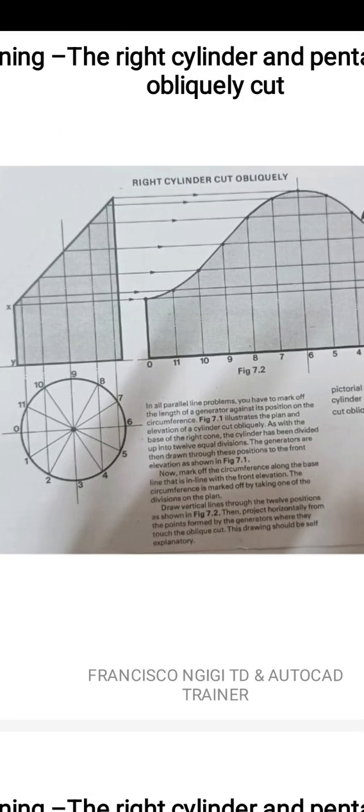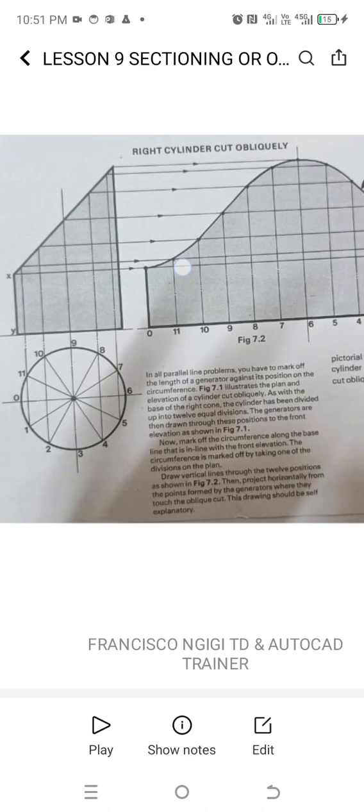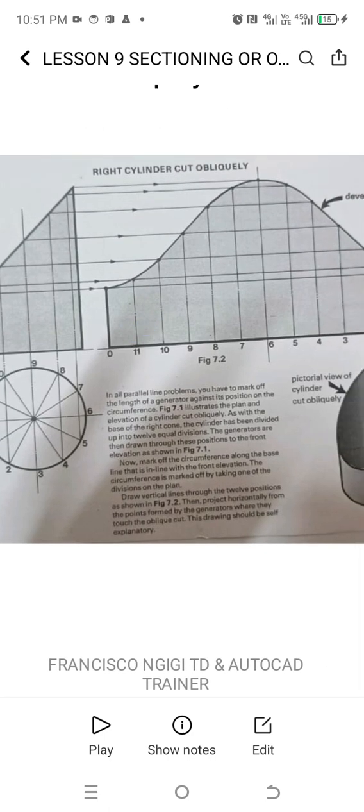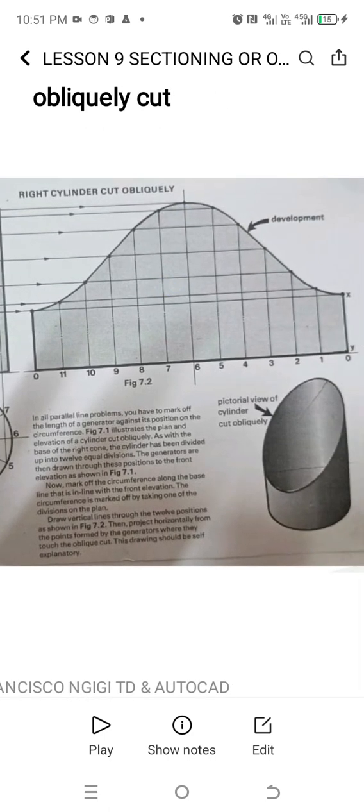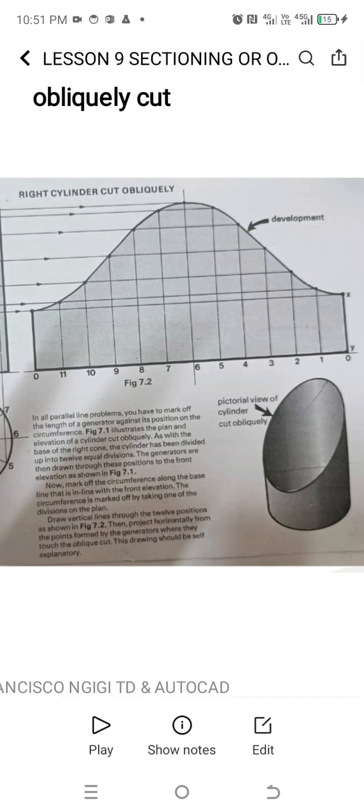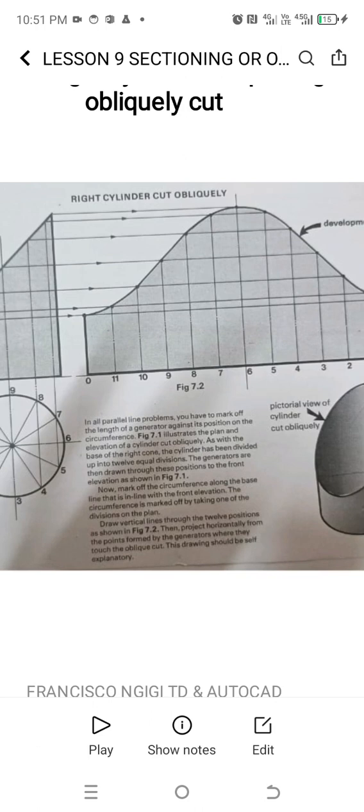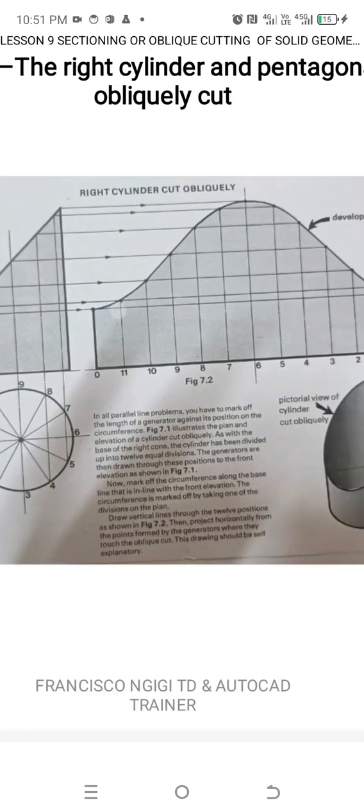So for that, number 11, the horizontal line meets, or they intersect with the vertical line. And at the end of the day, as you go to the 6 points, you go to the maximum, and then it starts decreasing. So those points whereby they meet, they're the ones that you're going to mark. Then you draw them with a nice curve.